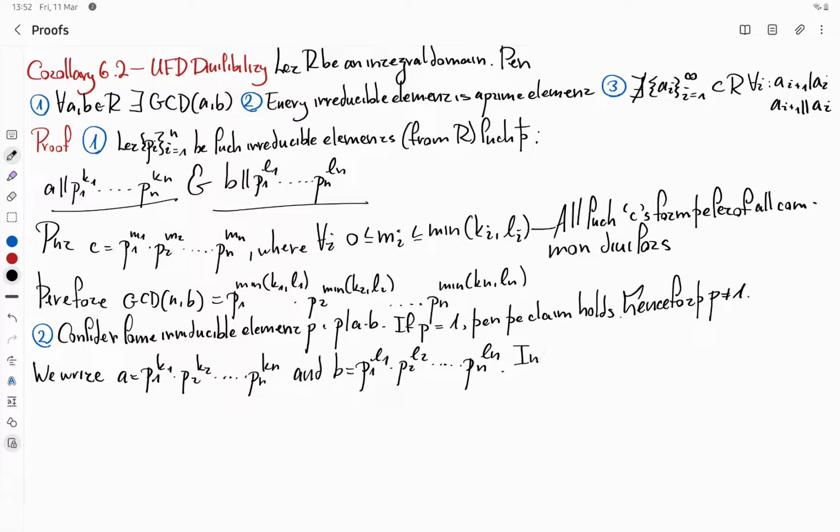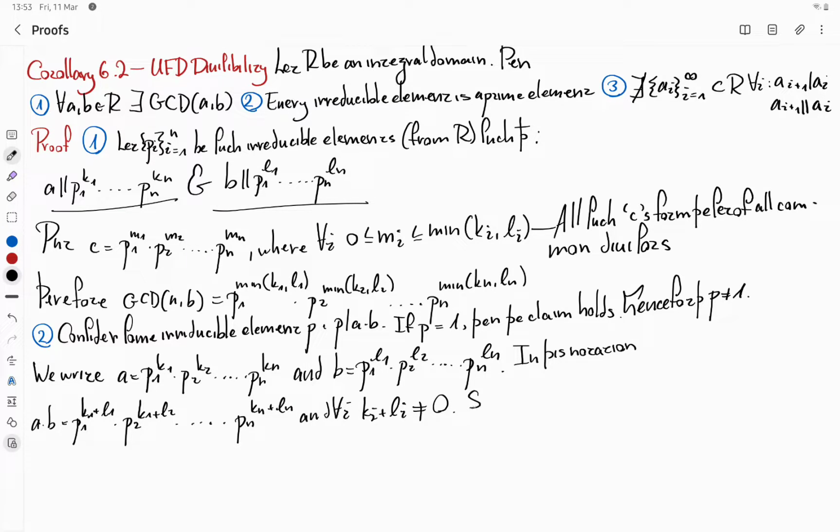In this notation, we have that A times B is equal to P1 to K1 plus L1 times P2 to K2 plus L2 times and so on, times Pn to Kn plus Ln, and for each i, we have that Ki plus Li is not equal to 0.